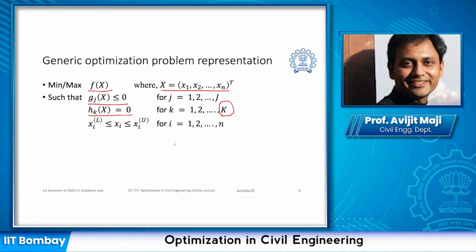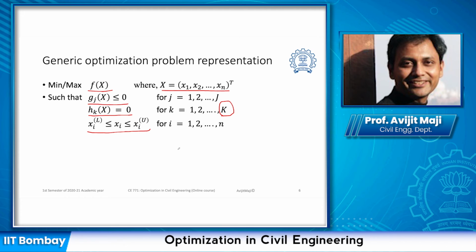Now coming to the individual values of the decision variable or the design variable. This design variable can have a minimum and a maximum value as well. So those variables can also be represented in this format so that it is fully represented. So this is the generic optimization problem representation.